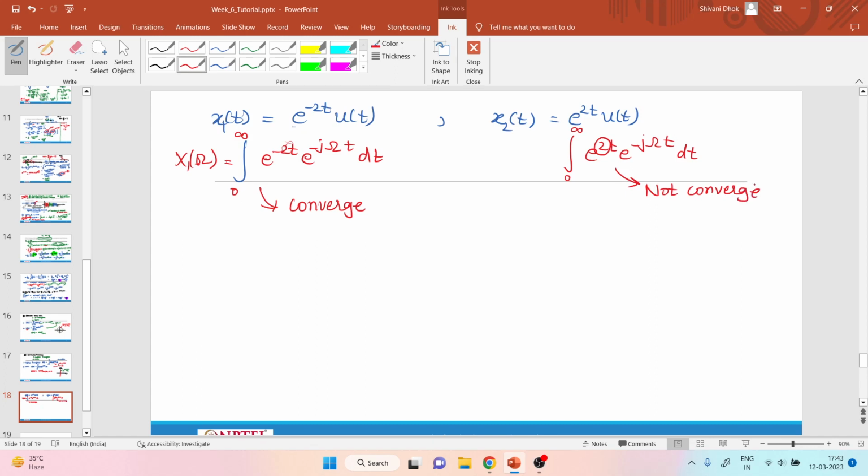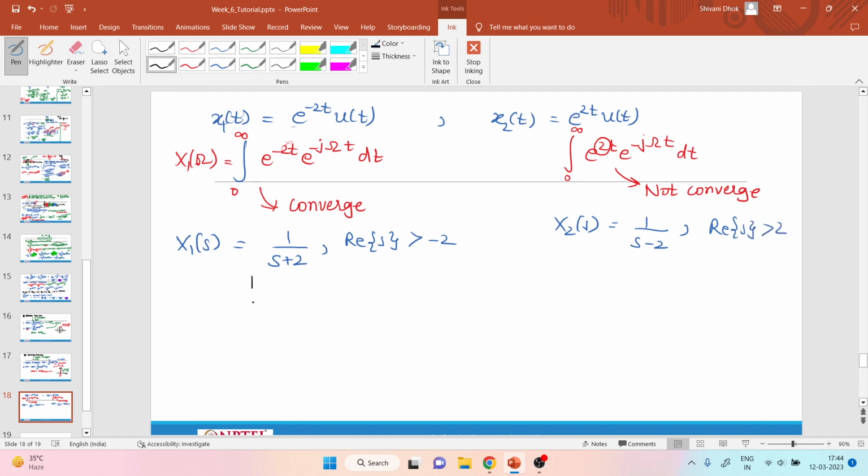Now if I look at its Laplace transform, then X1 of s, we have seen, is equal to 1 upon s plus 2, and the ROC is real part of s greater than minus 2. And here X2 of s is equal to 1 upon s minus 2, and again the real part of s is greater than 2.